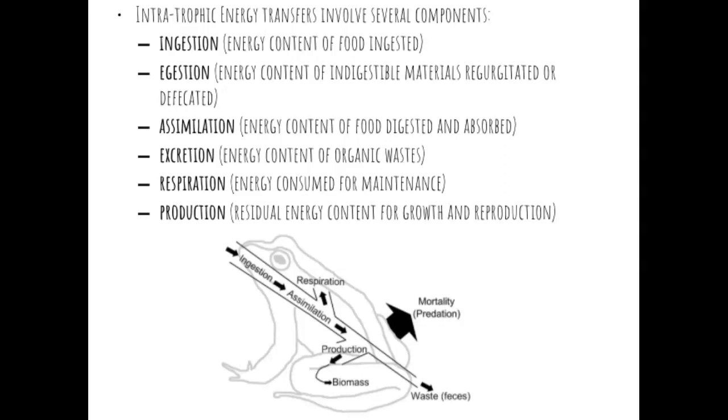It's being used to allow your muscles to contract, things like that. You have excretion, which is the energy content of your organic waste. You have respiration, which is energy that is consumed for just regular body maintenance. And you have production, where you have residual energy content for growth and reproduction.